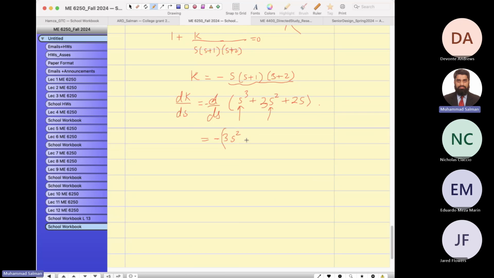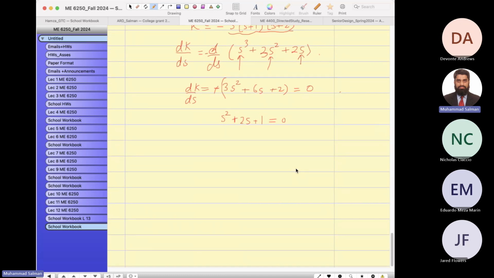The differential of this one is 6s, and the differential for this one is 2. Now you have to equate it. This dk over ds should be equal to 0. So the negative sign is distributed to the 0 side, and you are left with s squared plus 2s plus 1 equal to 0.